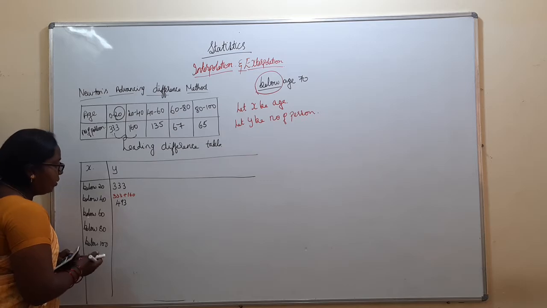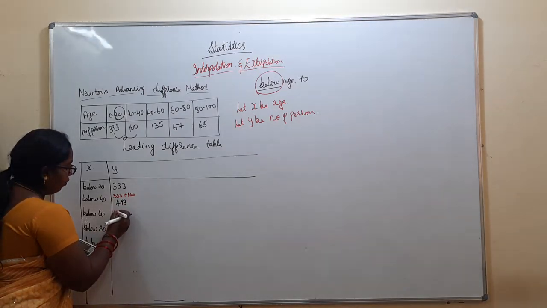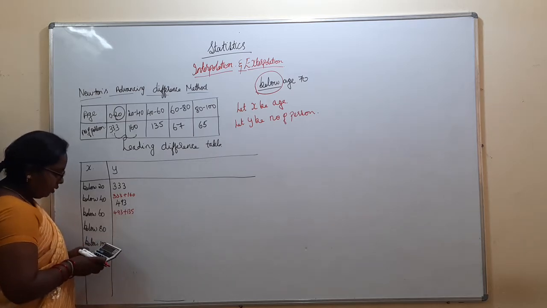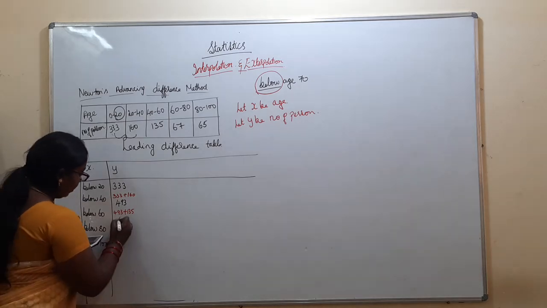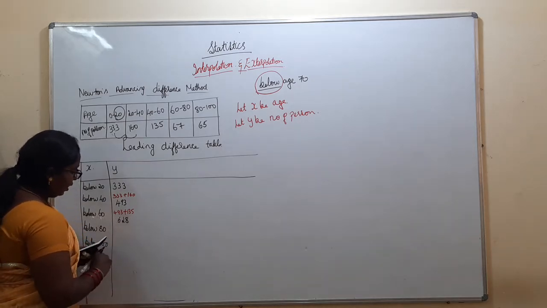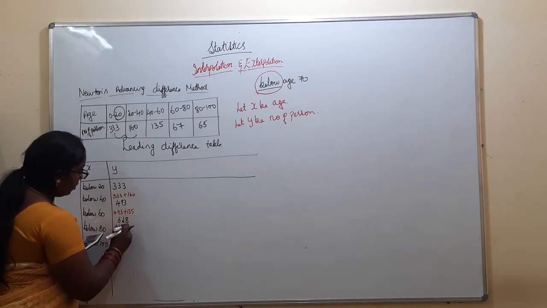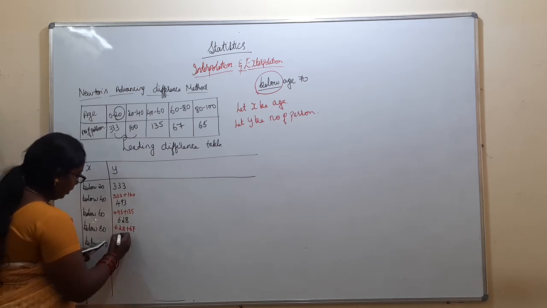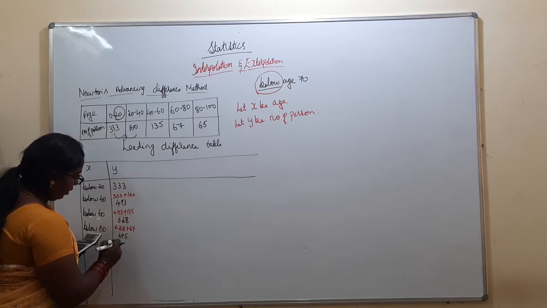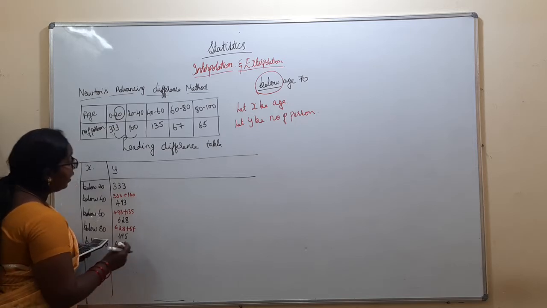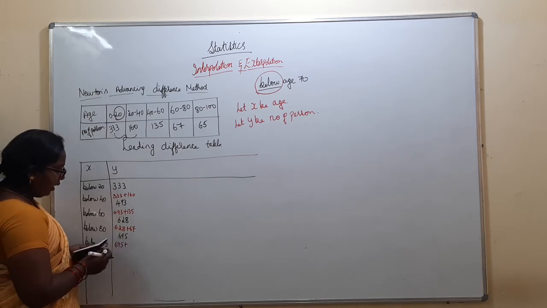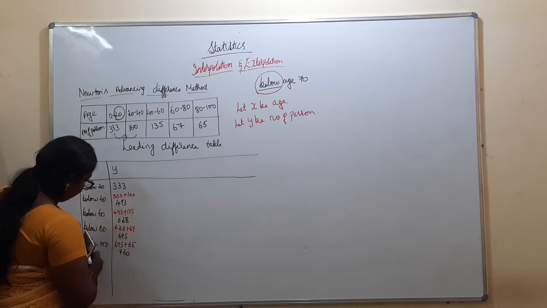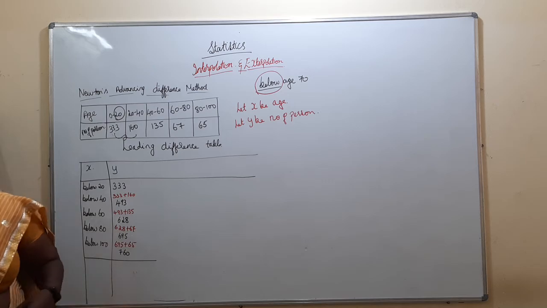My third will be 493 plus 135, I will get 628. Then 628 plus 67, I will get 695. Then 695 plus 65, I will get 760.